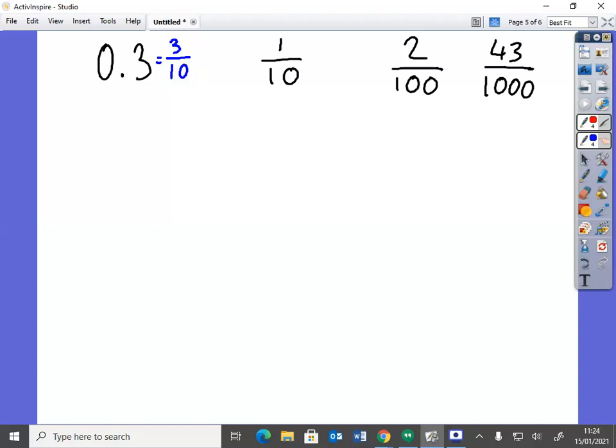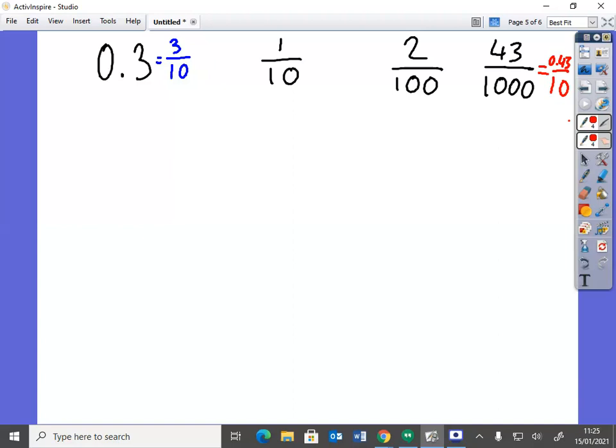So I'm going to convert them all so they are fractions over 1,000, just like I did in the previous question. That way, all I'm doing is multiplying. The reason it's easy to do that is if I wanted to try and convert them all to tenths, then I would have to convert this to tenths, I've divided that number by 100, and 43 divided by 100 is 0.43, and I don't really like to mix decimals and fractions, okay?